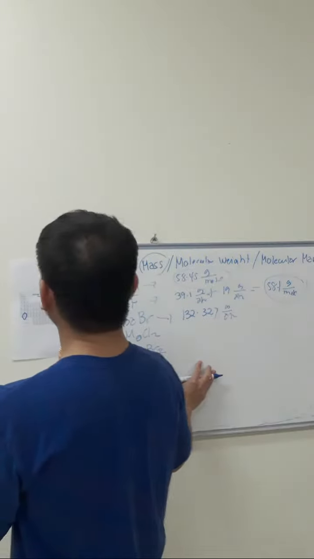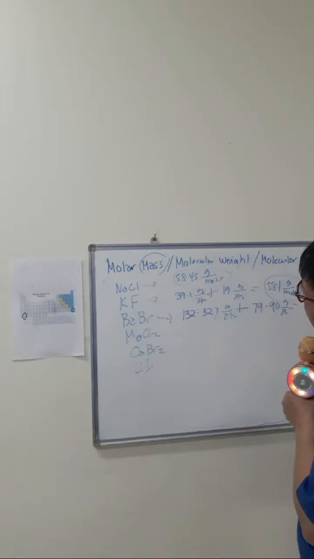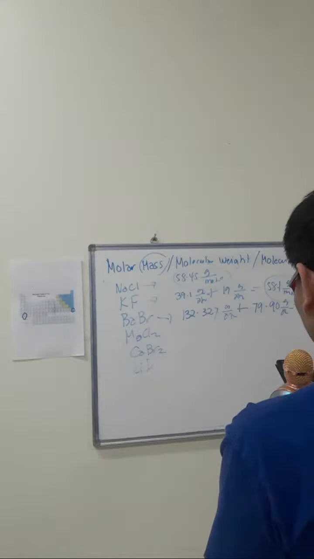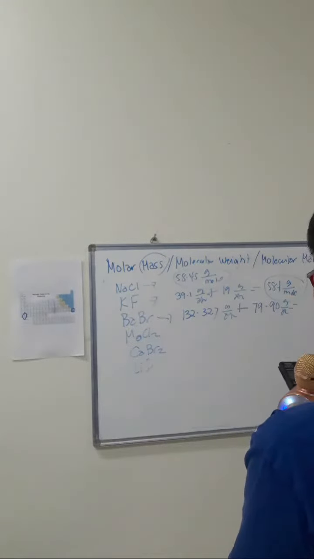The atomic mass of bromine is 79.90, gram atom. So you have now 132.327 plus 79.90, which gives 212.227 as your molecular weight.